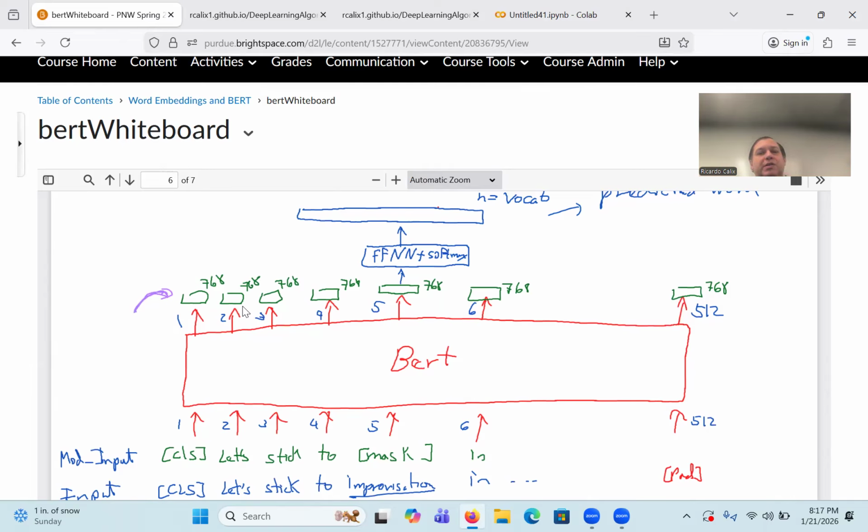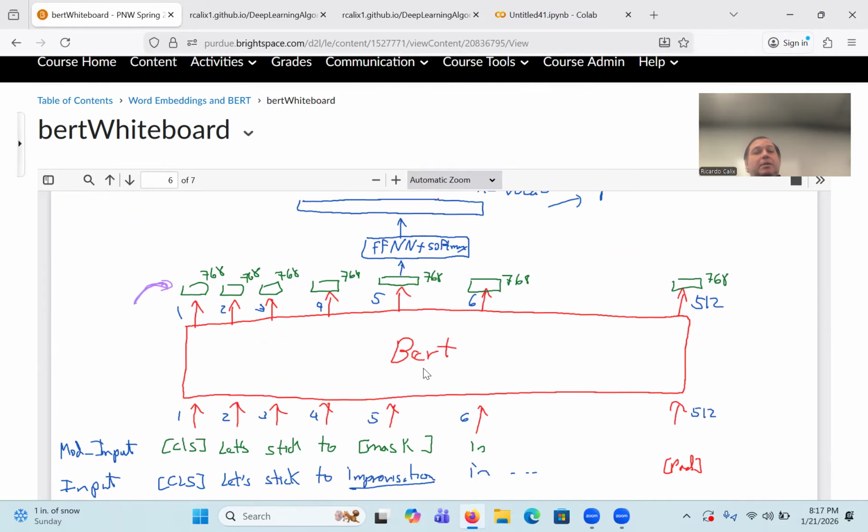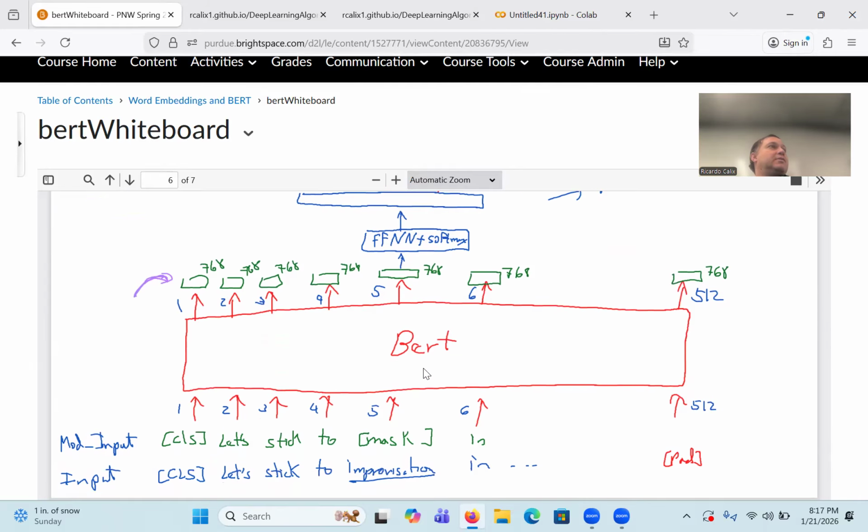So what do you do with these embeddings? Notice they just add a feed-forward layer, which is just a normal NN linear like the one that we just did, right? That's all it is. An NN linear with a softmax to a vector that is the size of the vocabulary, that is 50,000. You see that? I only drew it for one, but you would have it for all, of course. But you only care about the masked one, which you know which one it is, right?